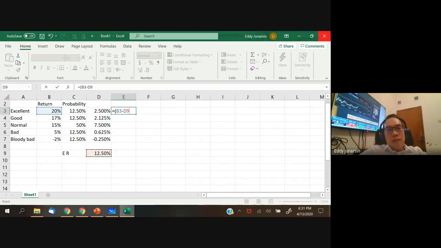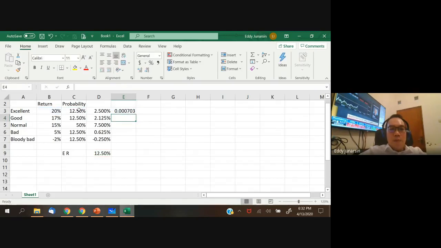So below it is nothing. So we need to lock the value. Right? Then we square it. Then we multiply it by the probability. It's probability, right?